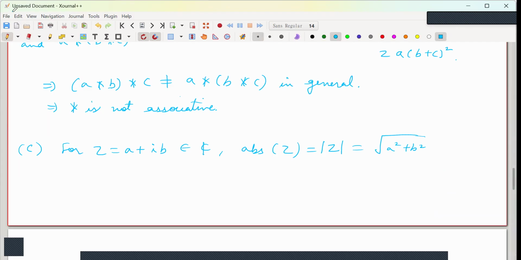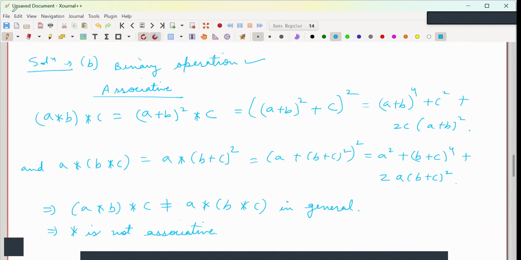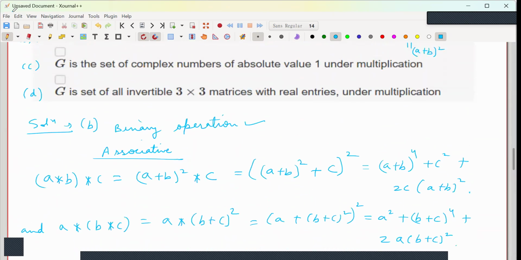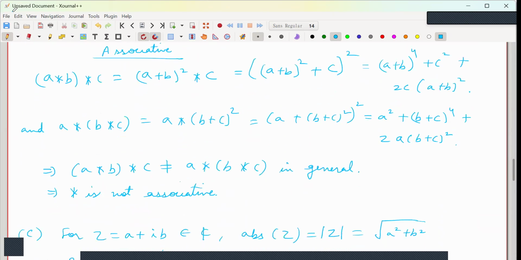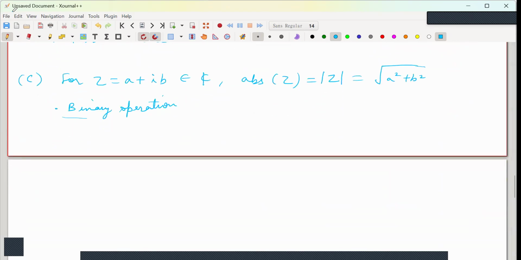So clearly, the binary operation is there. This is just a subset of complex numbers, and this is because mod of Z1 Z2 is just mod of Z1 times mod of Z2, right?